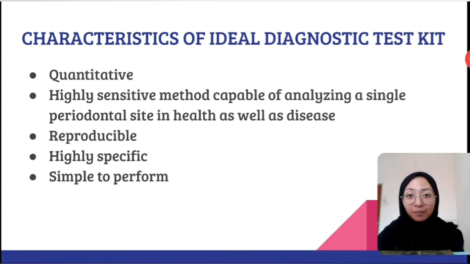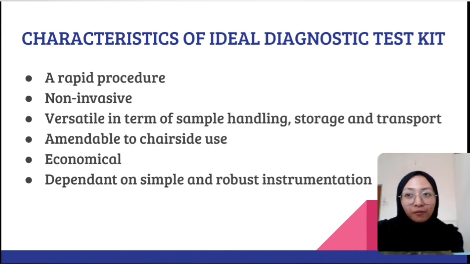I will talk about the characteristics of an ideal diagnostic test kit for periodontal disease. First, it should be quantitative, which means it can be measured. Second, it should be a highly sensitive method capable of analyzing a single periodontal site in health as well as disease. Third, it should be reproducible. Fourth, highly specific. Fifth, simple to perform.